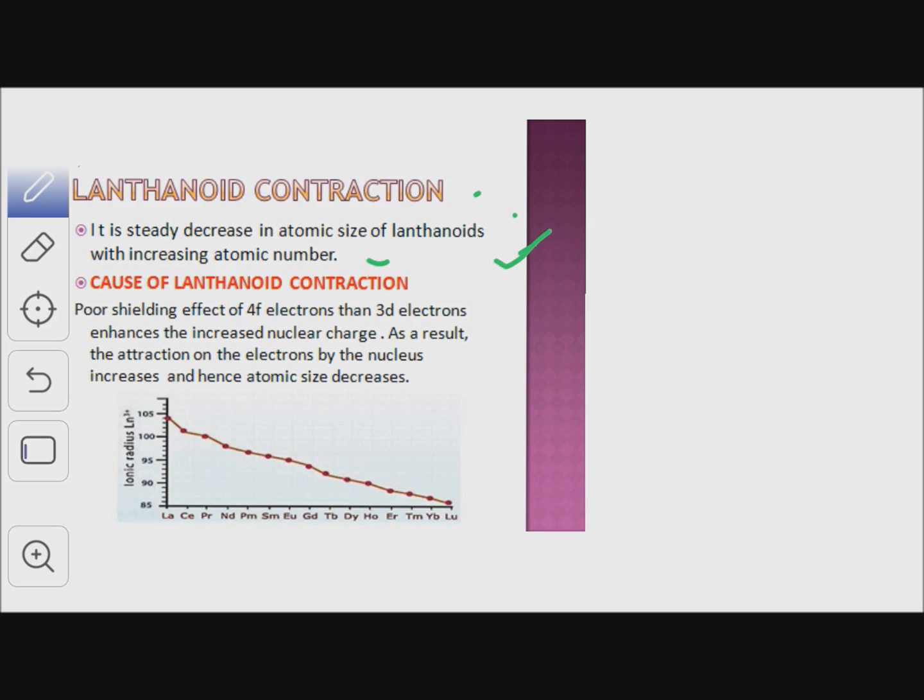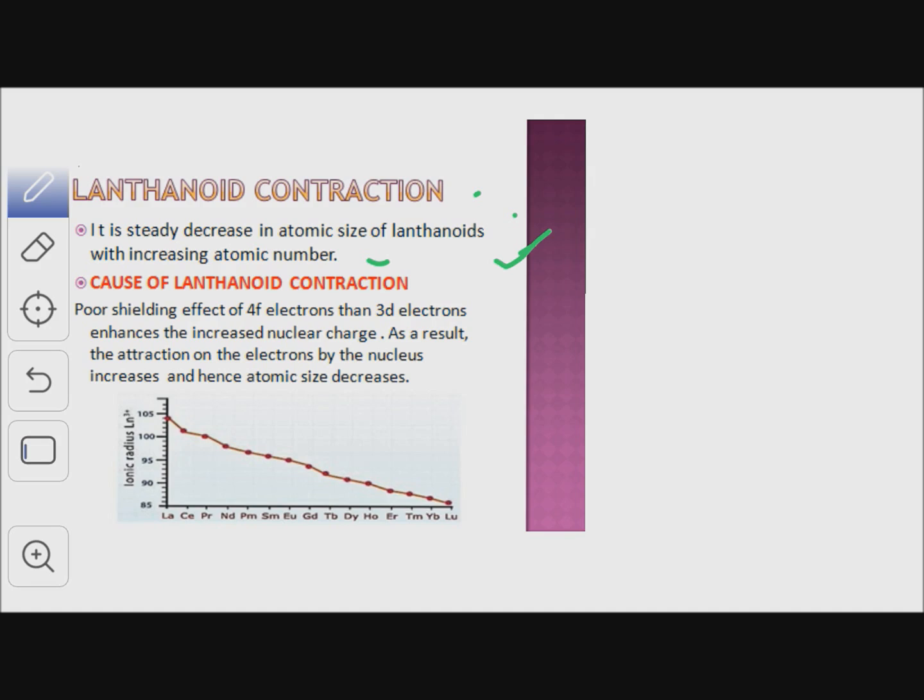When the atomic number increases, the effective nuclear charge increases, which holds the outermost electrons more tightly, and this results in a decrease in atomic size.